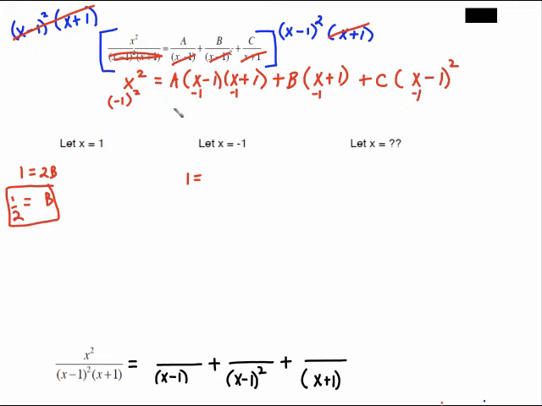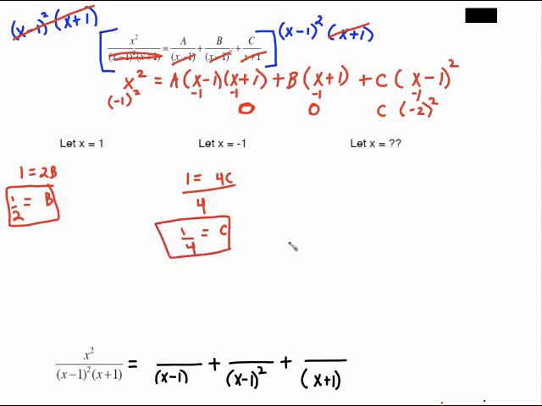Negative 1 minus 1 is negative 2, but negative 1 plus 1 is 0 right here times all of this stuff gives me 0. Negative 1 plus 1 is 0 times b gives me 0. So a and b are wiped out. Over here, it's negative 1 minus 1 is negative 2 squared. So this is 4c. Divide both sides by 4, and c is 1/4.